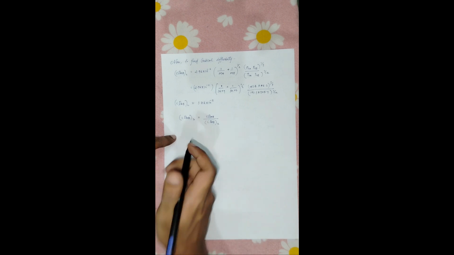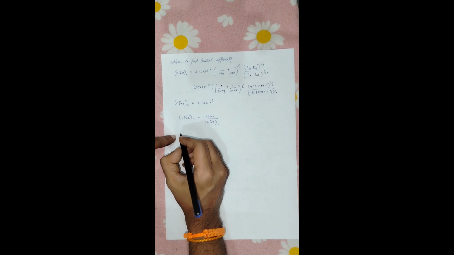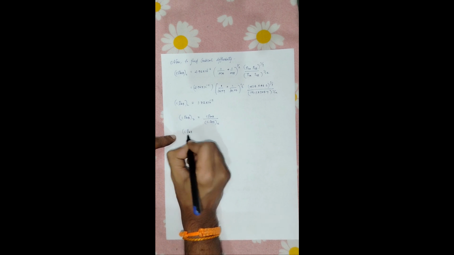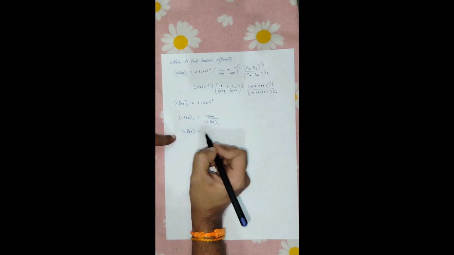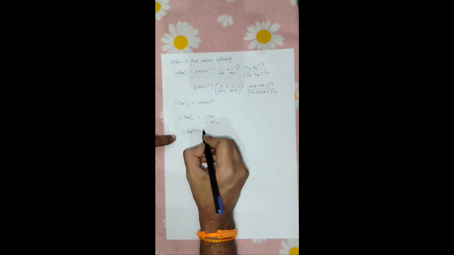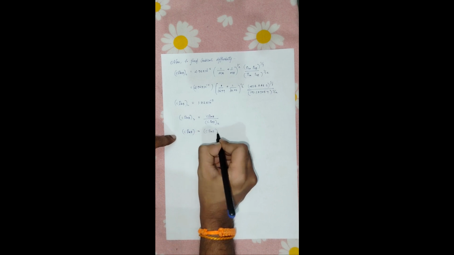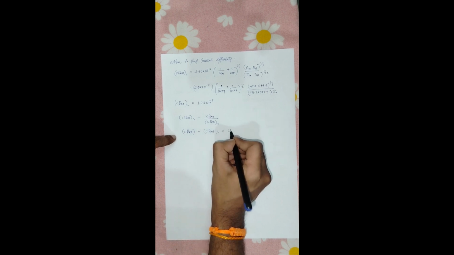So now we have to calculate CDAB. We'll cross multiply, so this becomes the product of reduced diffusivity and critical diffusivity.